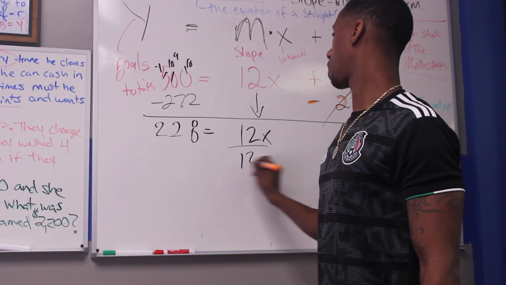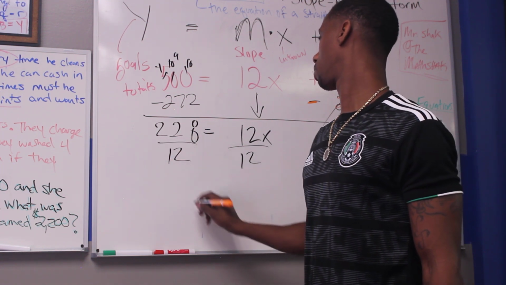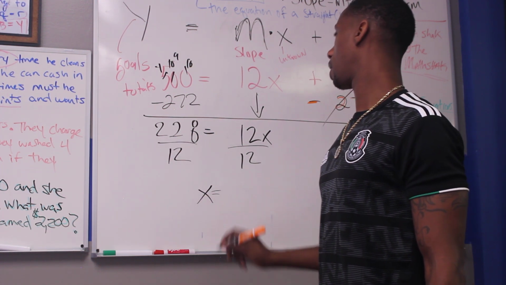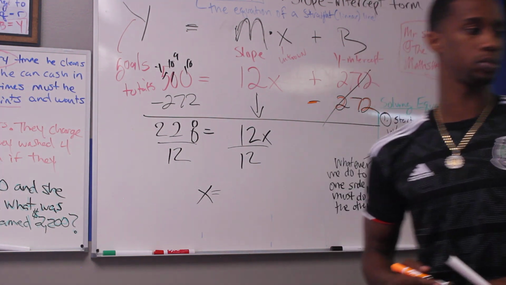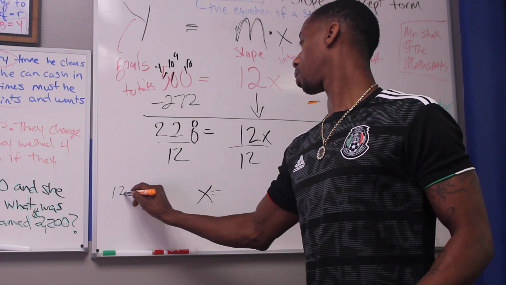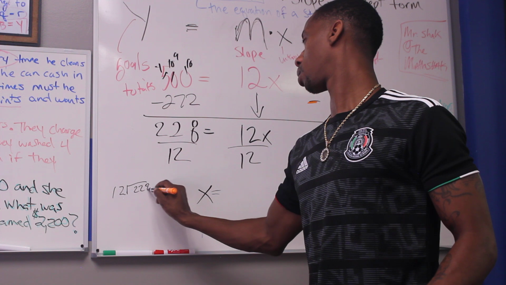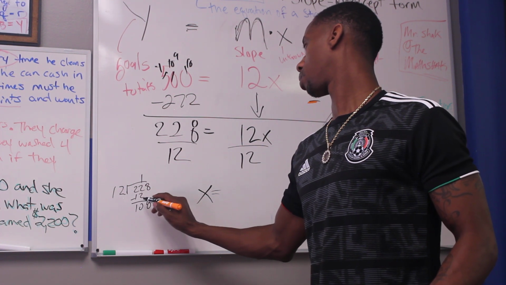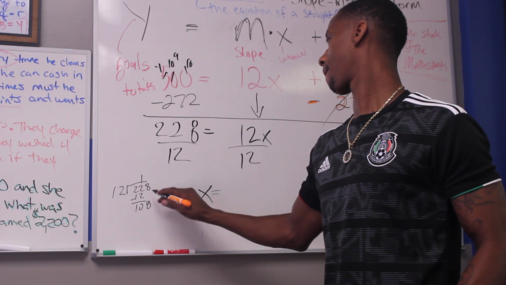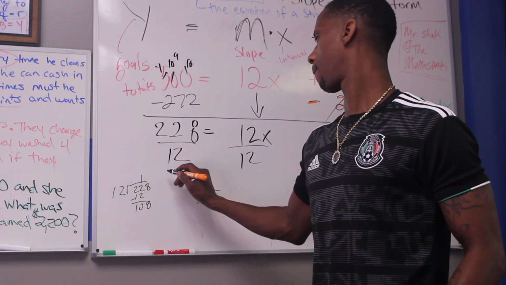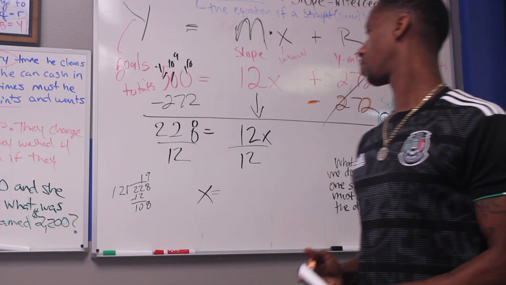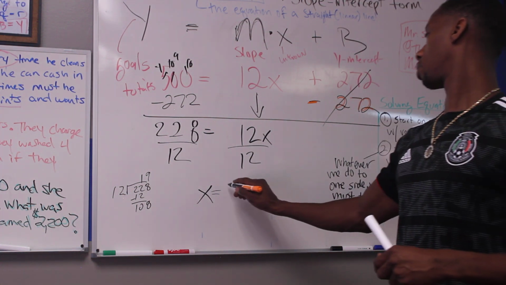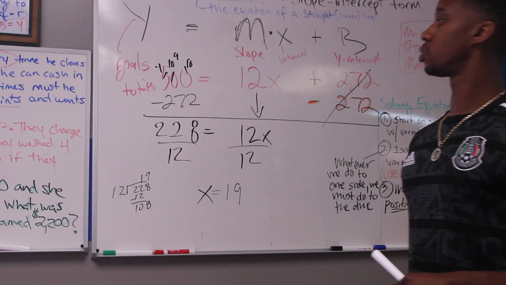If I divide both sides by 12, x equals 19.